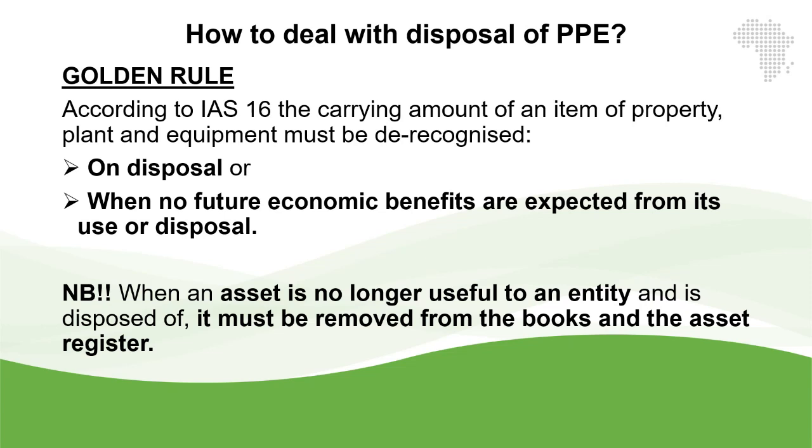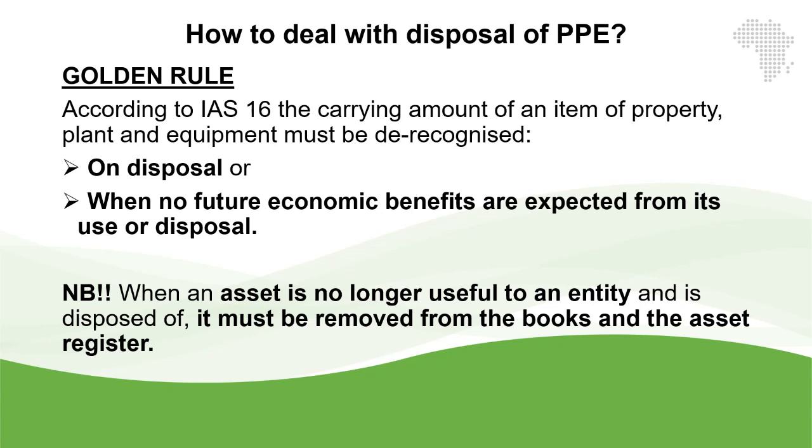When we decide to dispose or sell the asset, we need to derecognize that carrying amount from our books. Or when there is no future economic benefit that is expected from the use of the property, plant and equipment, or when we are disposing it. So it must be derecognized.